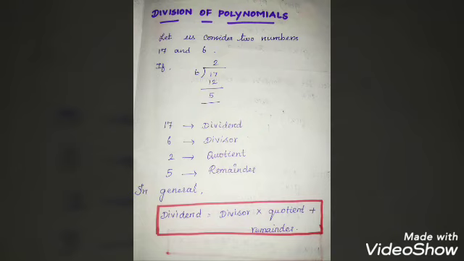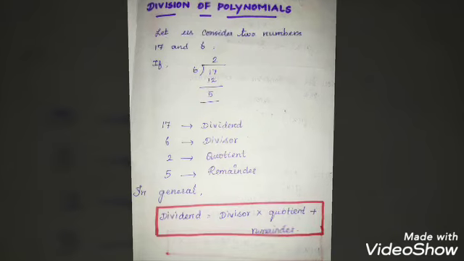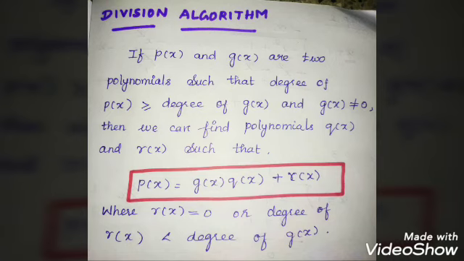Let me see some examples, then you can find it easily. First, the division algorithm. We are taking two polynomials P of x and G of x such that the degree of P of x is greater than or equal to the degree of G of x, and G of x is not equal to 0.